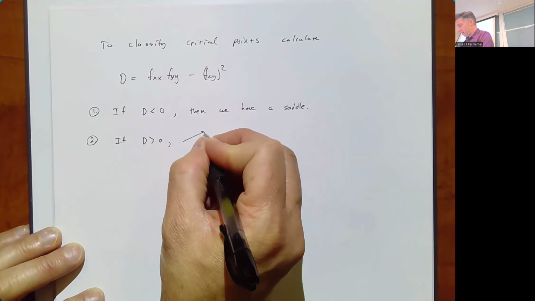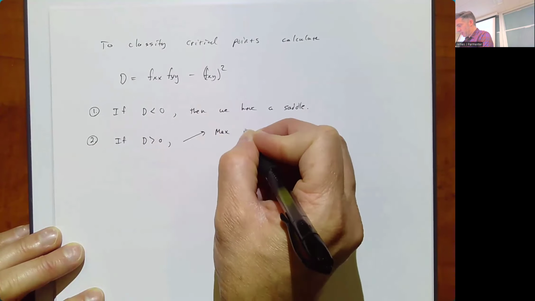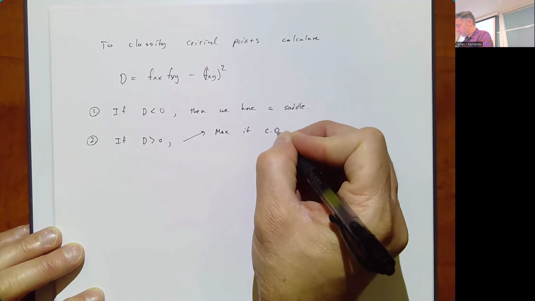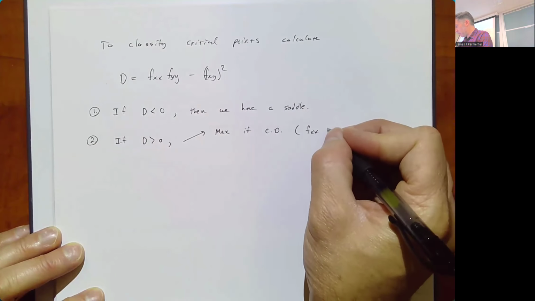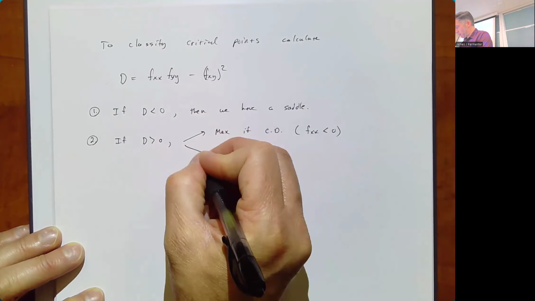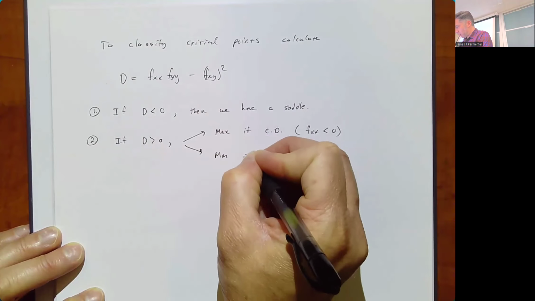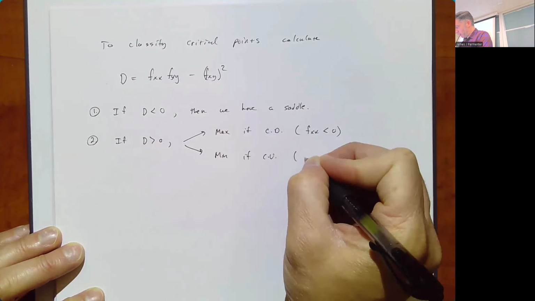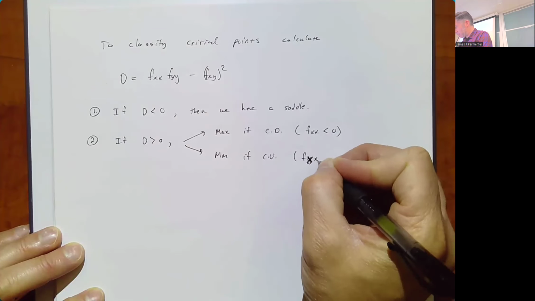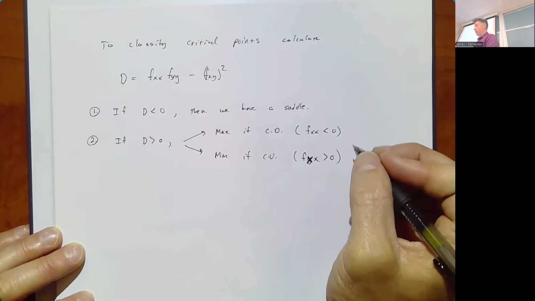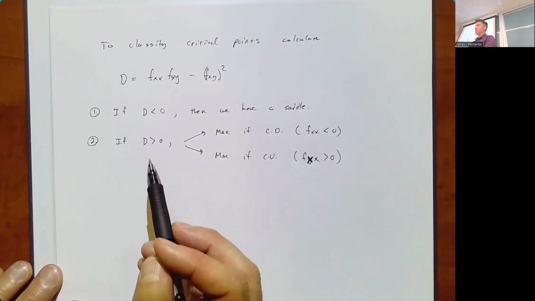Then you either have a maximum if we're concave down, which is just another way of saying that fxx is negative, or you have a minimum if you're concave up, which is another way of saying fxx is positive. It doesn't actually matter, you can say either one.